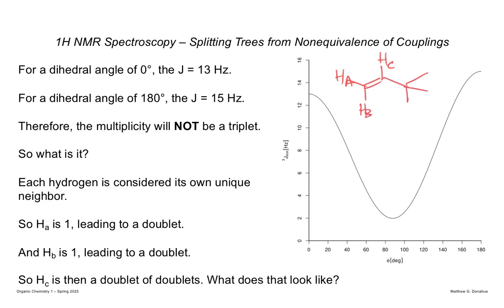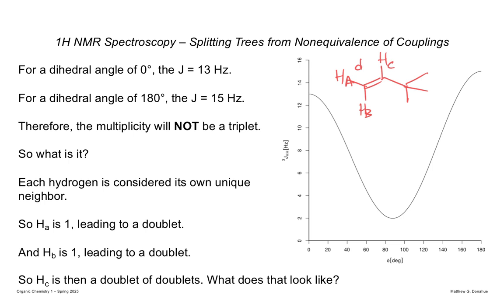Really what you have to do is you consider each neighbor as its own thing. So HA is a separate neighbor, it's 1. We apply the n+1 rule. 1 plus 1 is 2, that's a doublet. So that's going to be reported as a doublet.